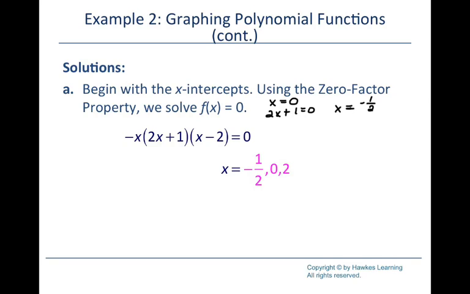And then we have x minus 2 equals 0, which is where we get x equals 2. So anytime you have a lonely x out there by itself, there could be a negative in front of it or a number in front of it, that value for the x-intercept is still 0. Okay, so we found our x-intercepts.